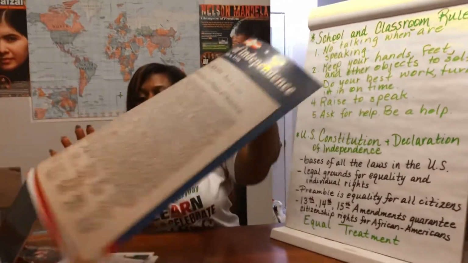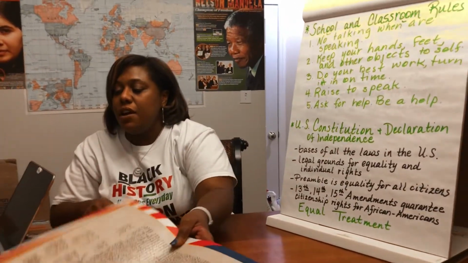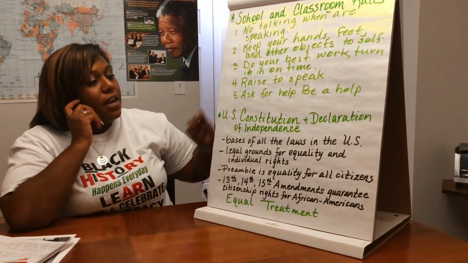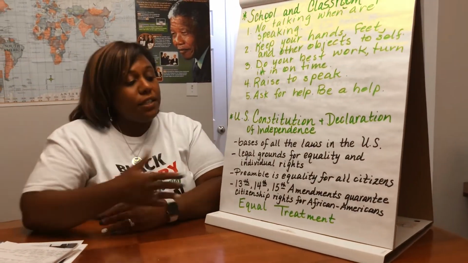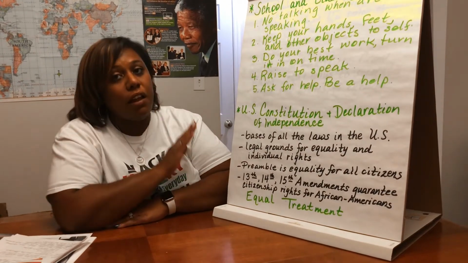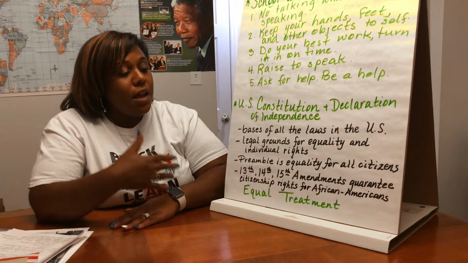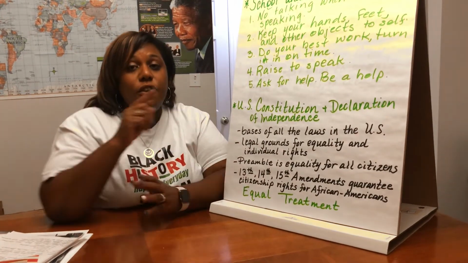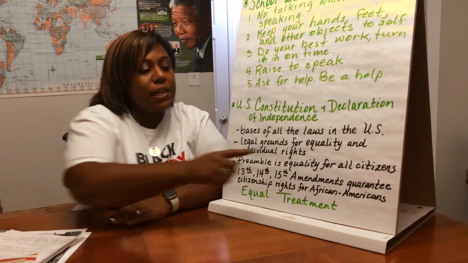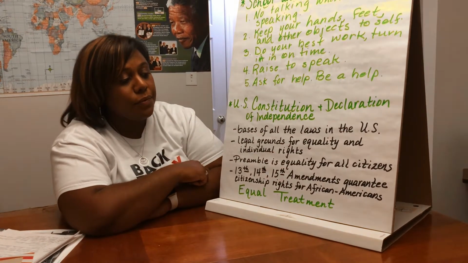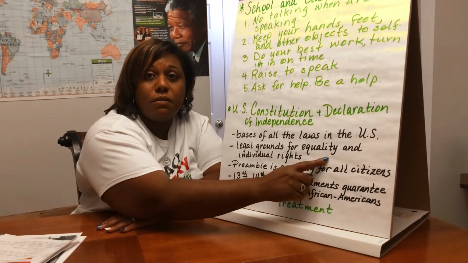So in doing that, they also created a constitution. Okay, so when we're looking at the Constitution, it is the basis for all our laws in the U.S. Constitution is supposed to give us legal grounds for equality. Now, when we look at the word equality, do you see any other words in there? Yeah, equal, right?